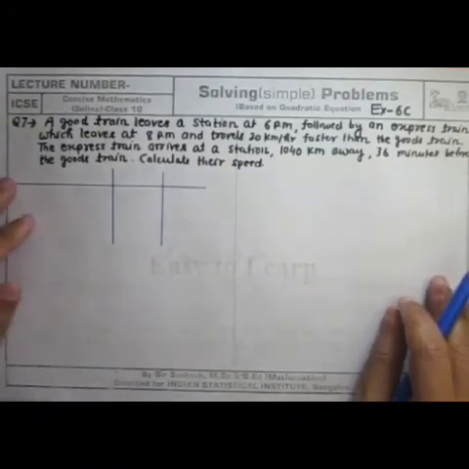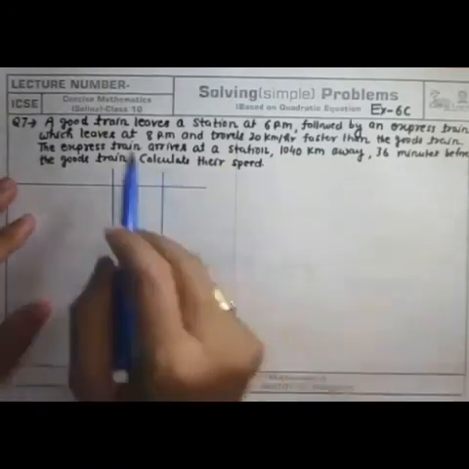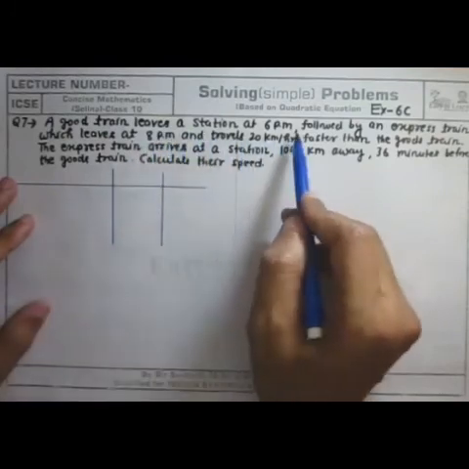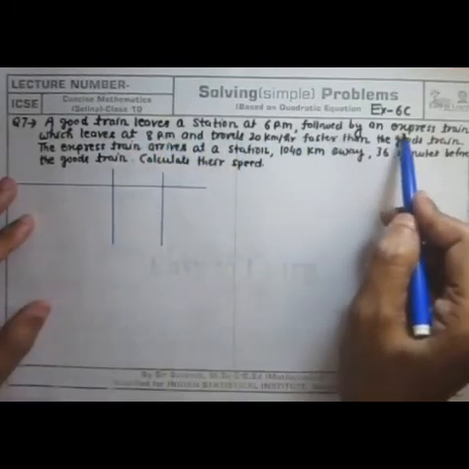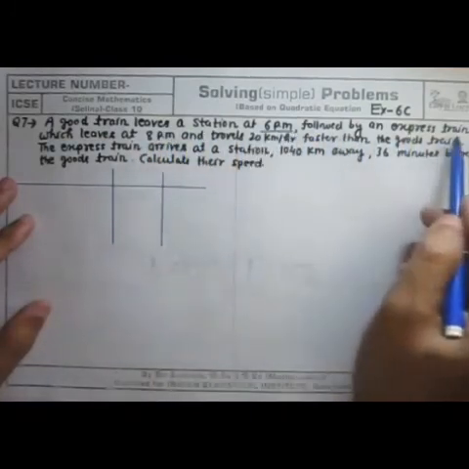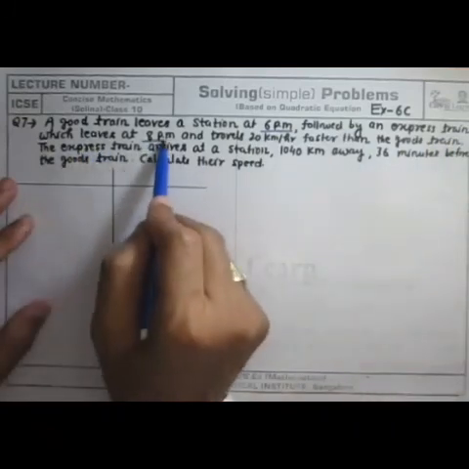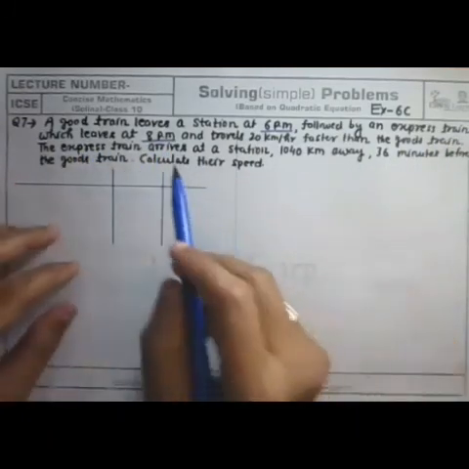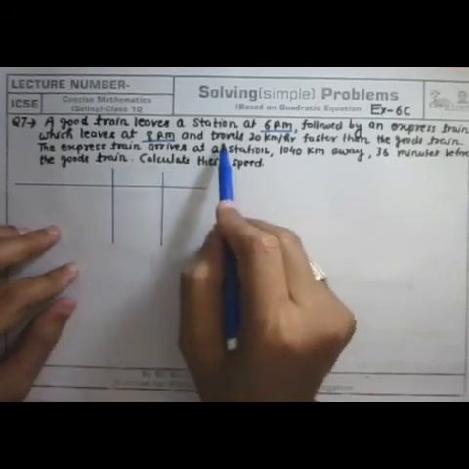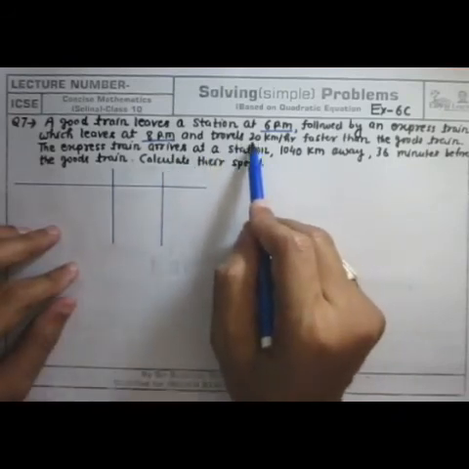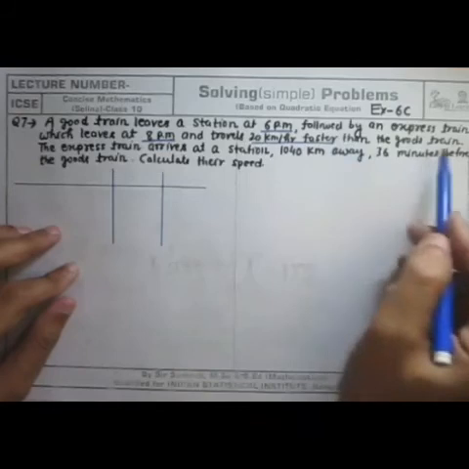Now question number 7. A goods train leaves a station at 6 p.m. followed by an express train which leaves at 8 p.m. That means the initial time difference is 2 hours, and it travels 20 km per hour faster than the goods train.